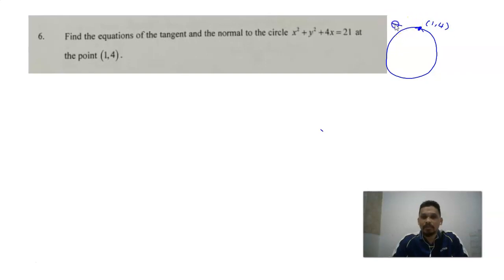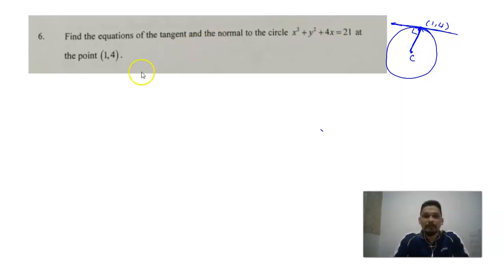So the question wants us to find out the equation of tangent and normal. So it means that from this tangent and normal with 90 degrees here, we can find the gradient of normal between the coordinate 1 and 4 and also the center of the circle.